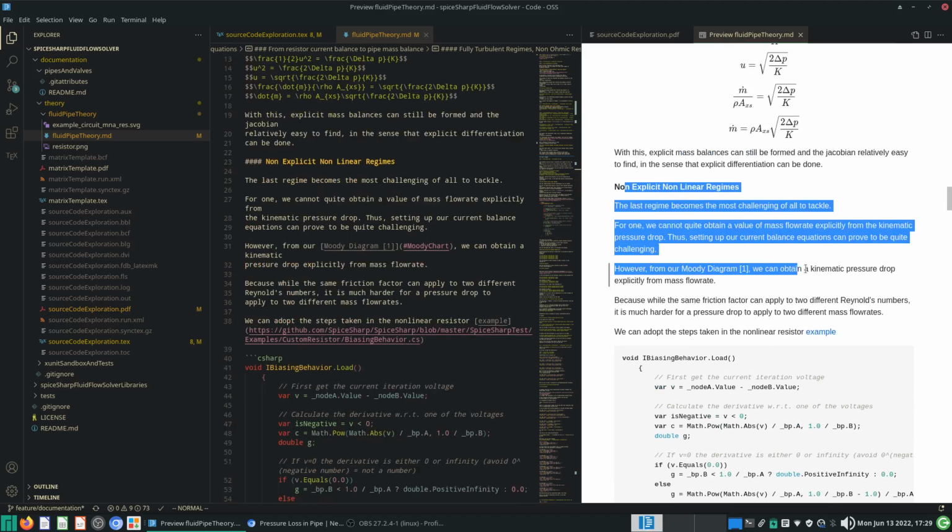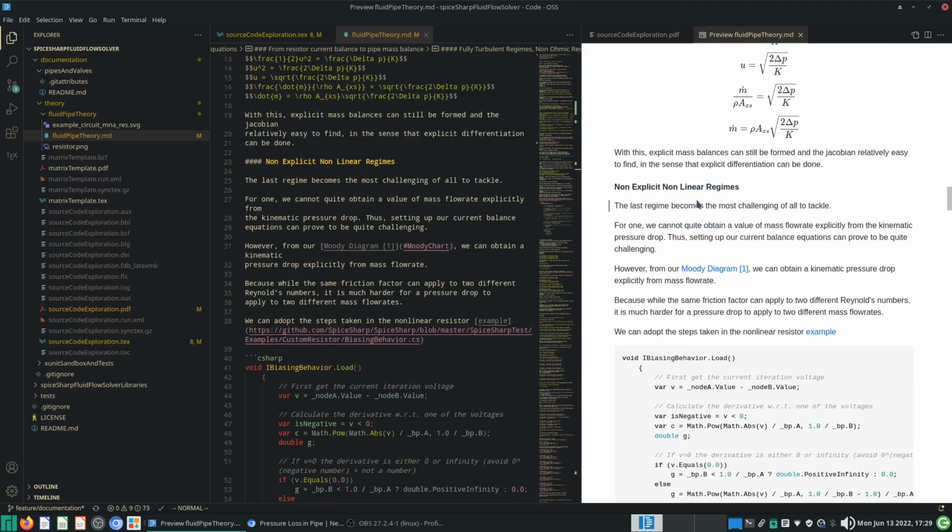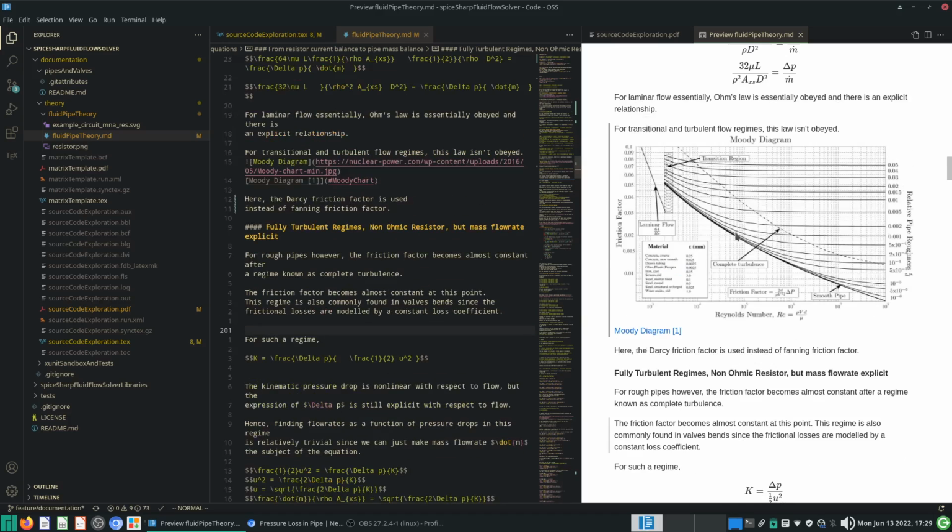Most of the flow regimes will be inside here, before complete turbulence. Most of the regimes here are the ones causing the problem.